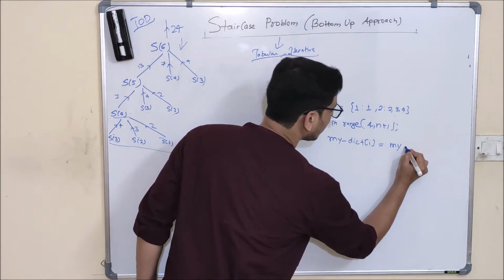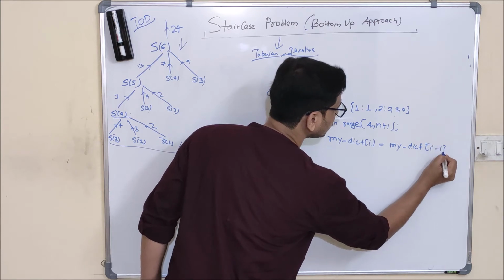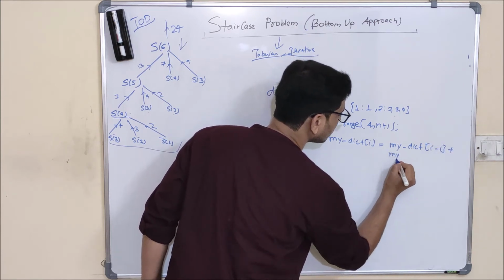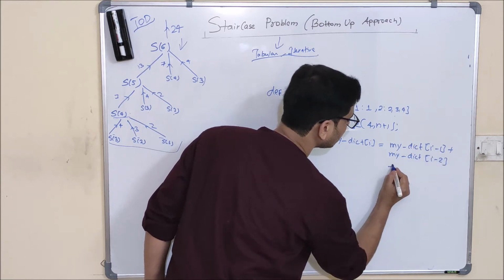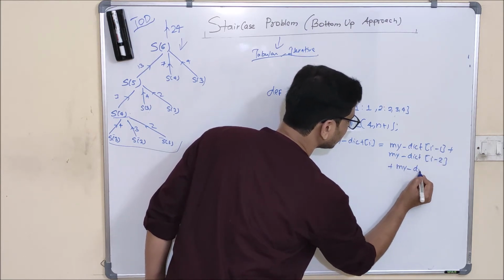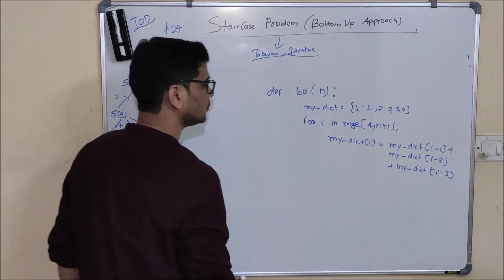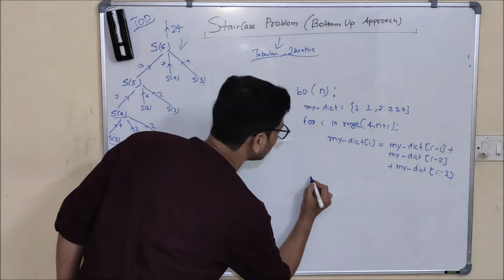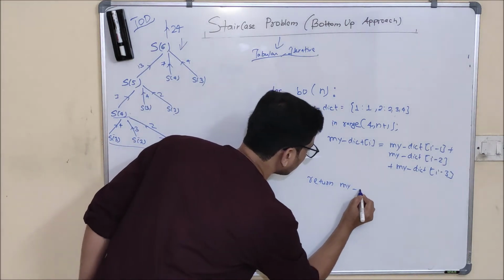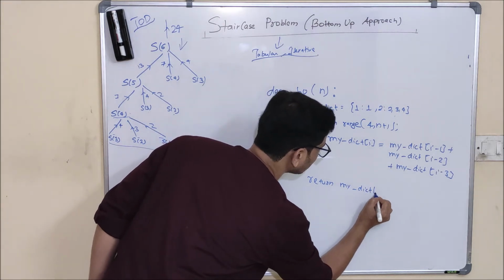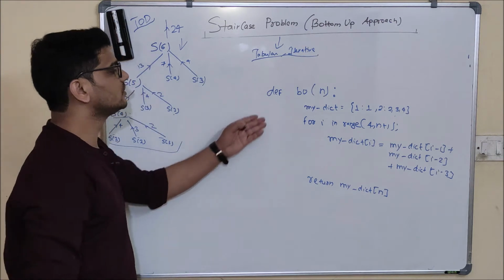And my dict of i will be equal to my dict of i minus 1 plus my dict of i minus 2 plus my dict of i minus 3. So this is my code, and when this code executes, I will return my dict of n. Okay friends, so this is our bottom up code.